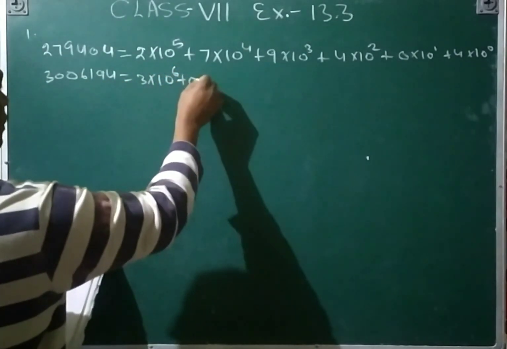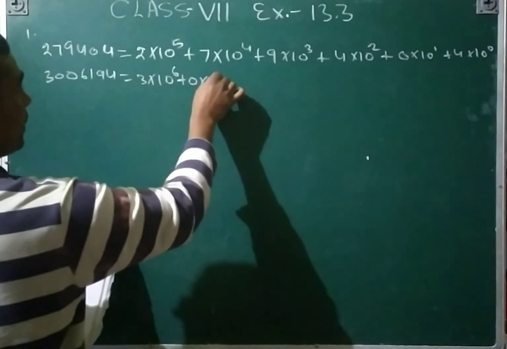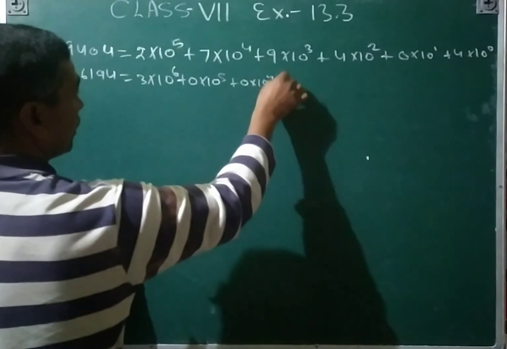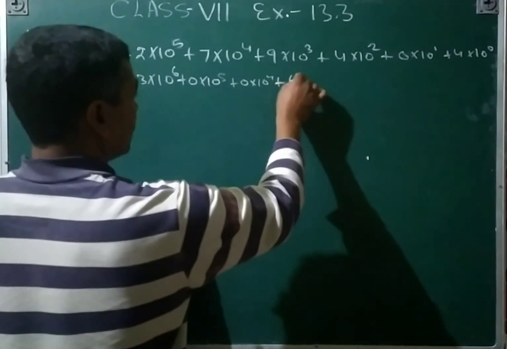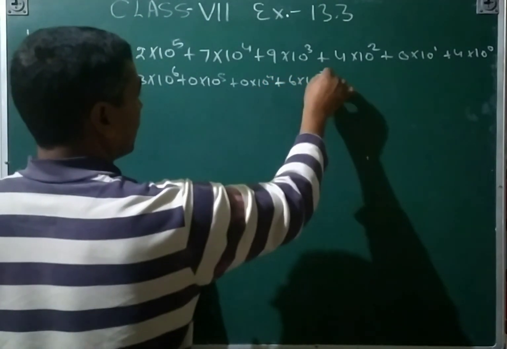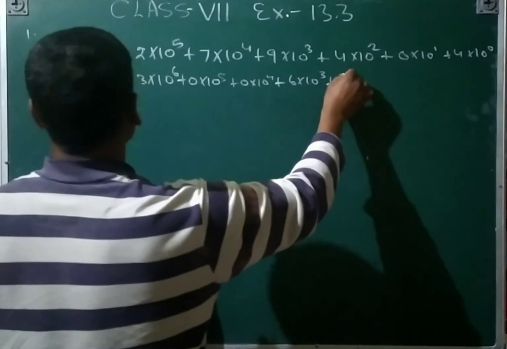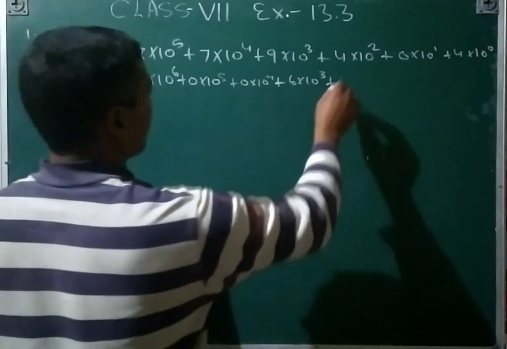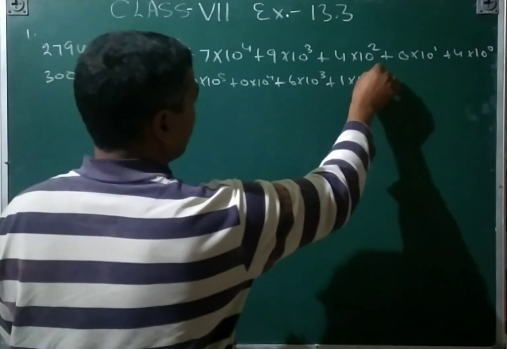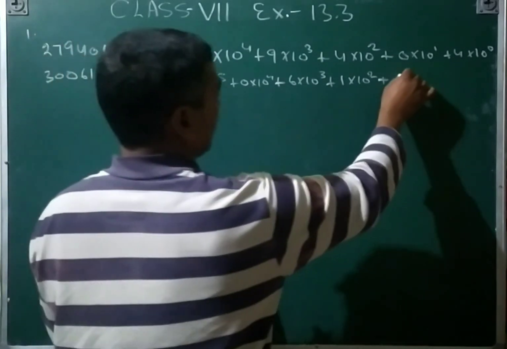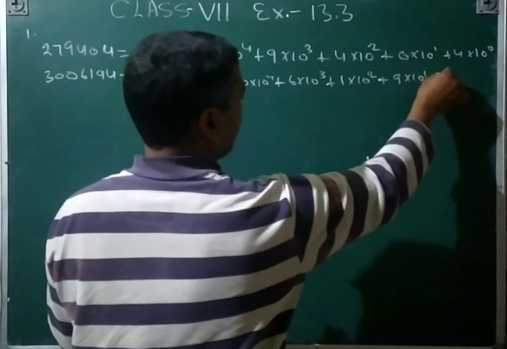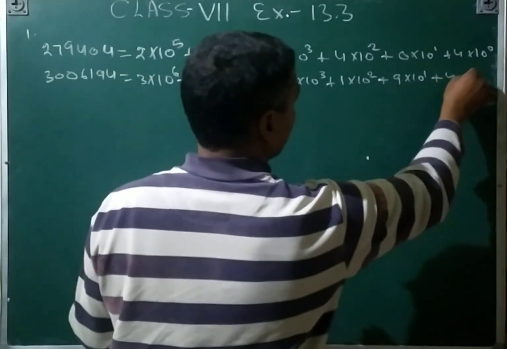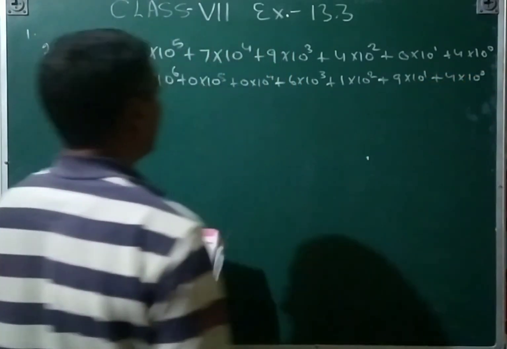And then 0 into 10 power 4 plus 0 into 10 power 3 plus 6 into 10 power 2... next is 1 into 10 power 2, next is 9 into 10 power 1 plus 4 into 10 power 0, like this.